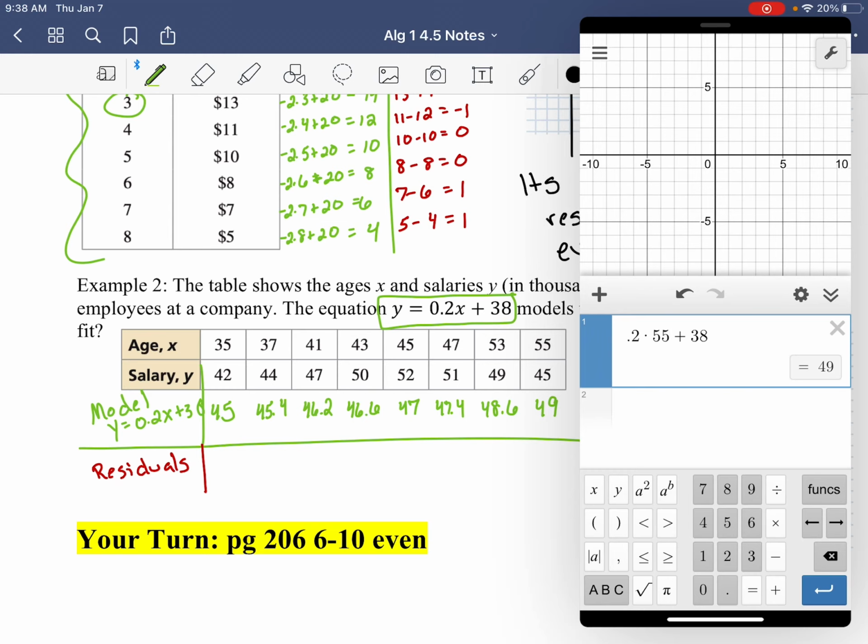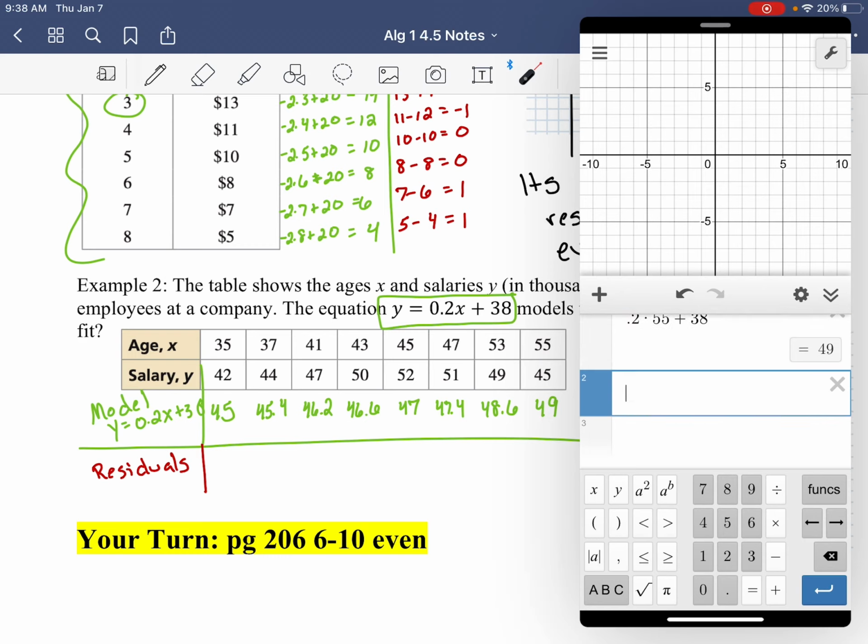Again, this right here is just my model, 0.2 times x plus 38. And then I just put those values in. Now I need to find the difference. So I need to subtract the salary minus the model value. So I need to take 42 minus 45.